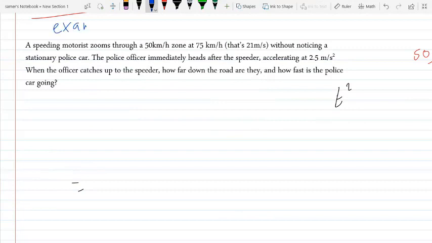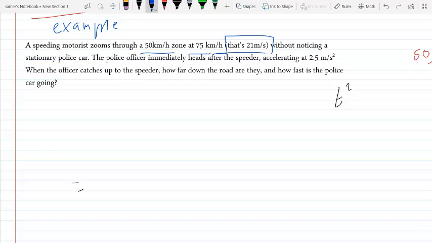Example: a speeding motorist zooms through a 50 kilometers per hour zone at 75 kilometers per hour. That's 21 meters per second.